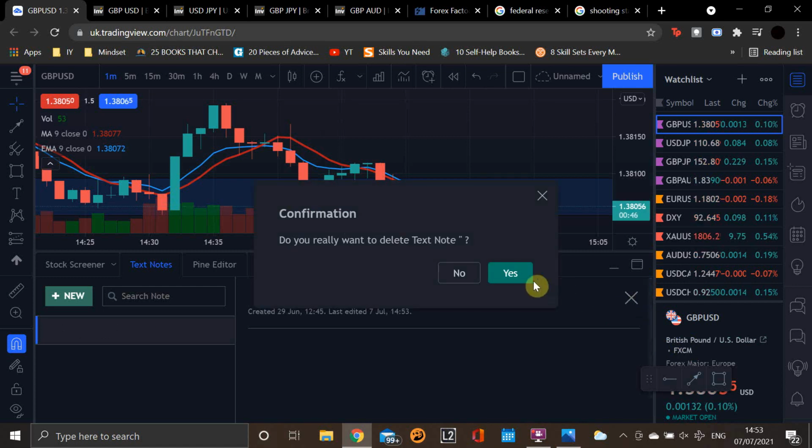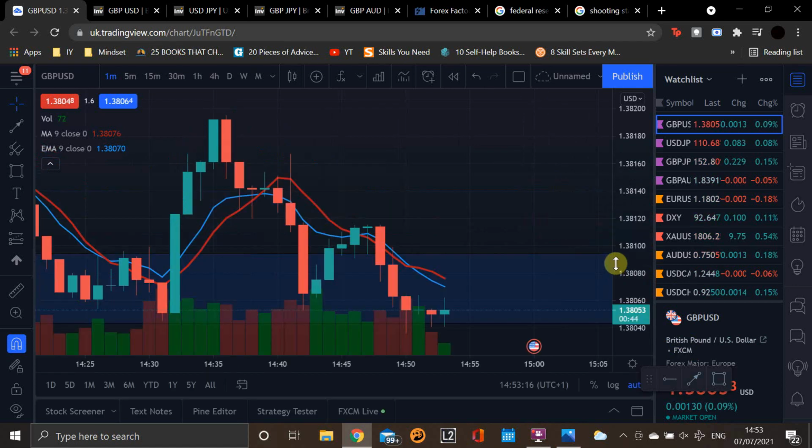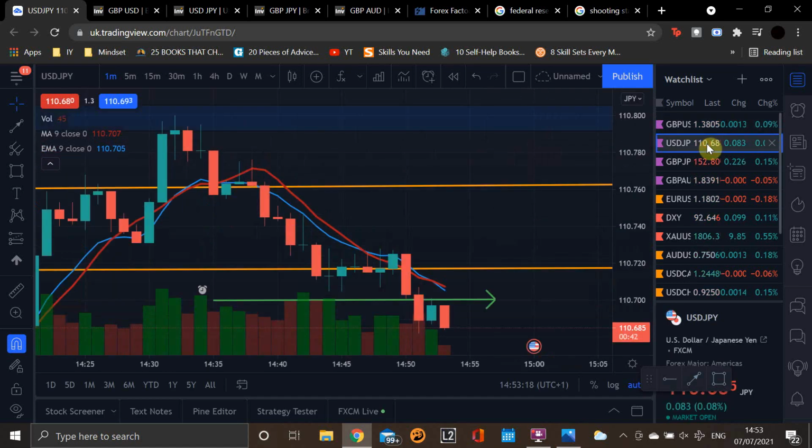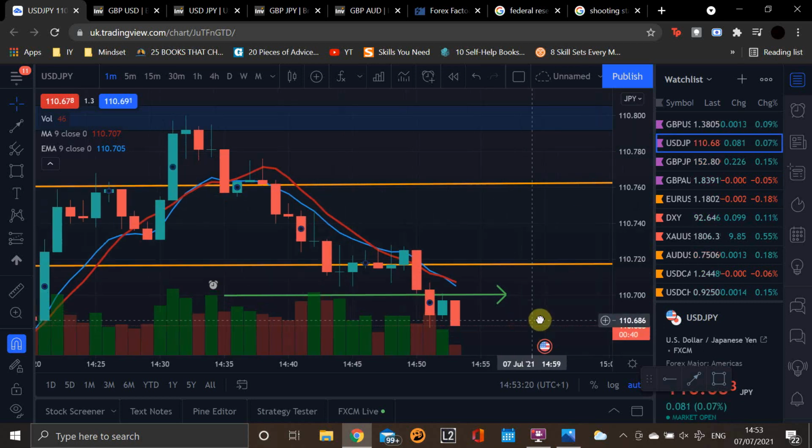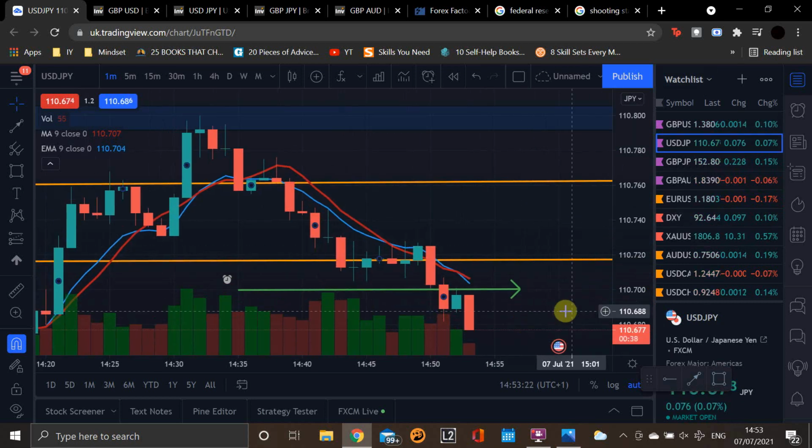So it's best to just watch what the charts and candlesticks are doing. This one wants to go down. I'm surprised by USD JPY, but remember, the market's always right. You're not right, the market's right.